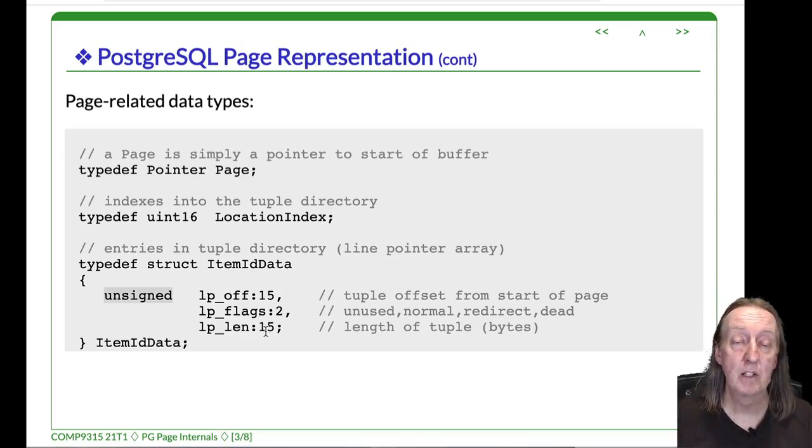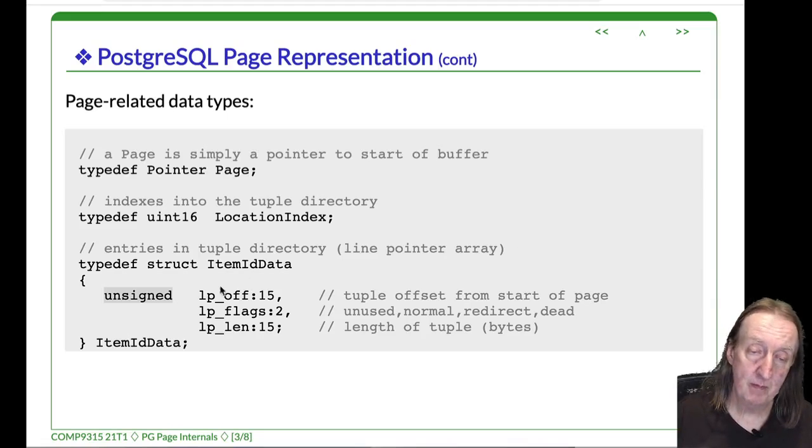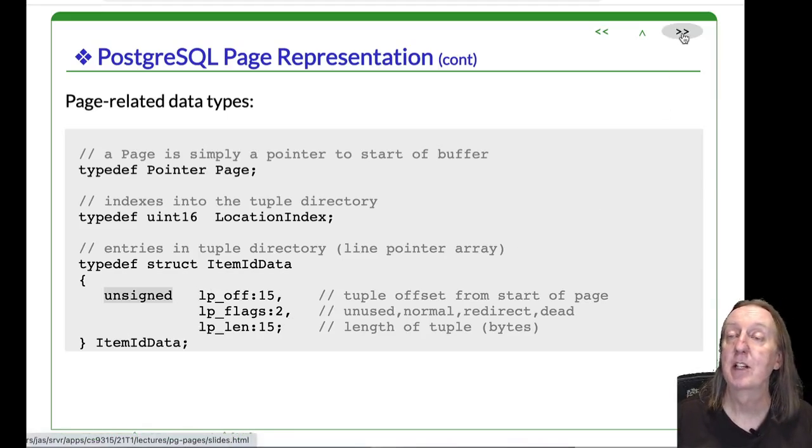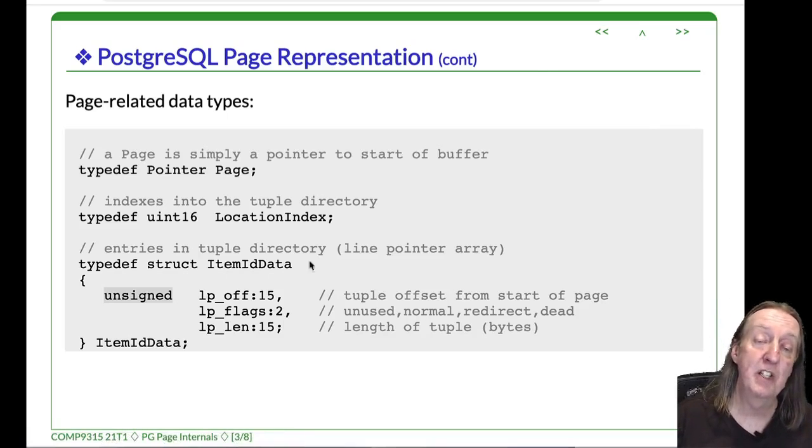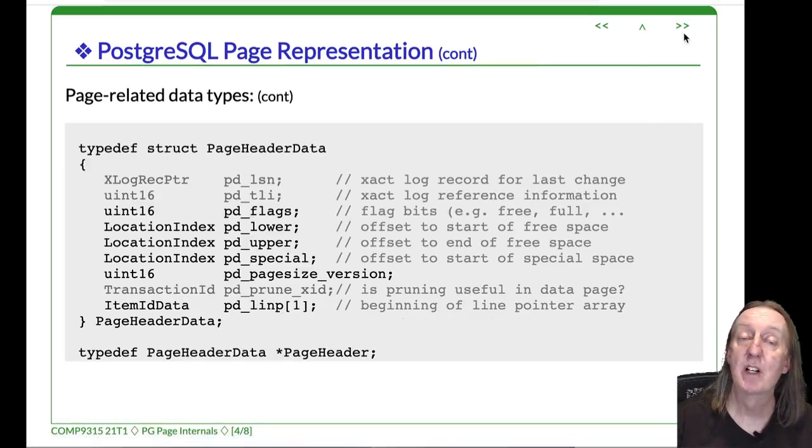I think, no you don't. So that's generous. Anyway, so 15 bits to tell us where the tuple's located, and another 15 bits to tell us how long the tuple is. So how many bytes starting at that offset location comprise the tuple data.